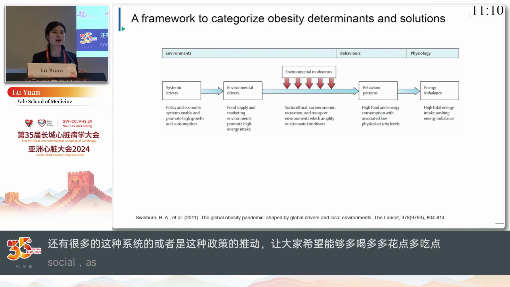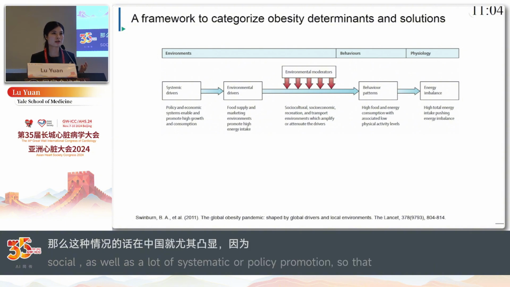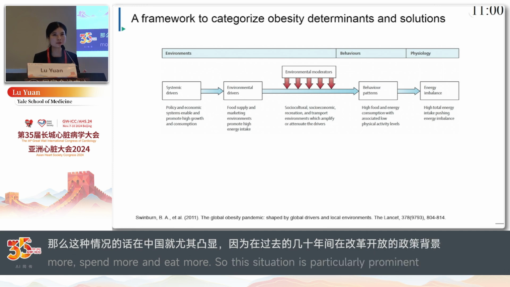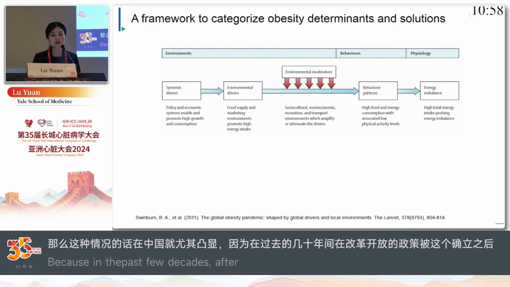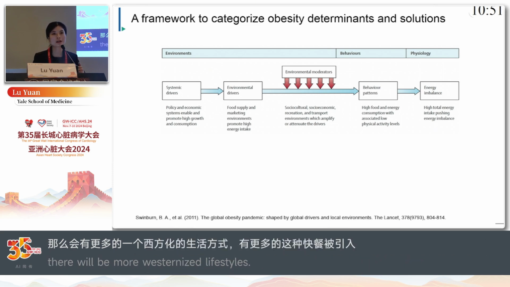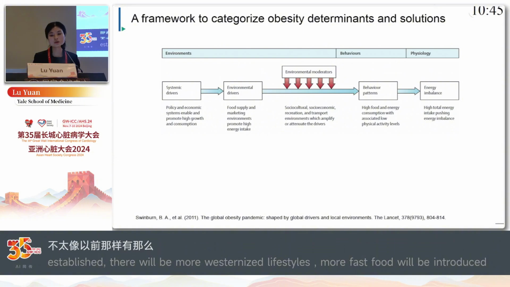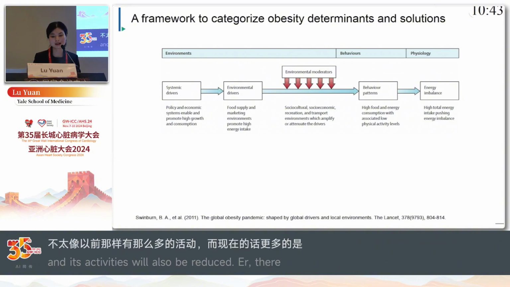In the example of China, we know there's a huge modernization and urbanization after the open door policy after 1979. So there's more Western food intake. There's also change in the behavioral pattern, like physical activity, people are less likely to have physical activity and more likely to have sedentary behavior, finally leading to energy imbalance.